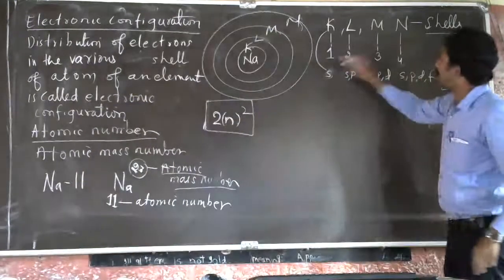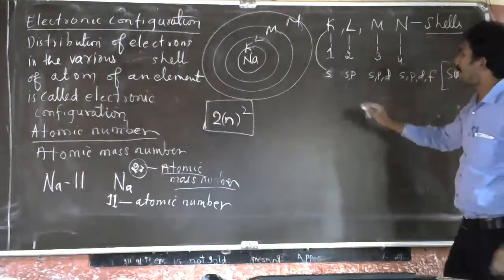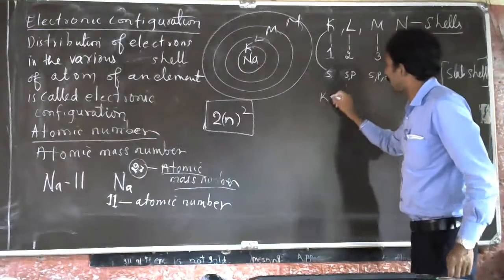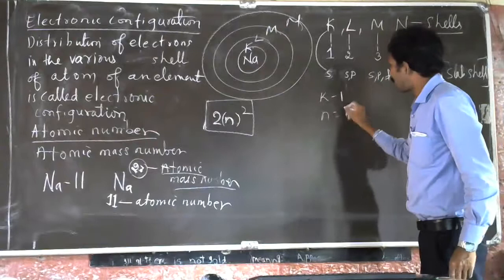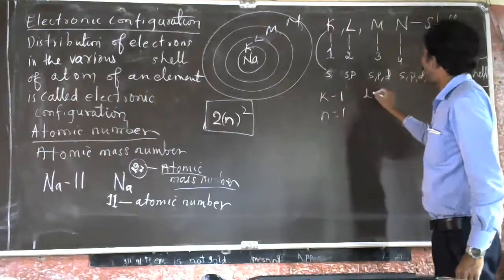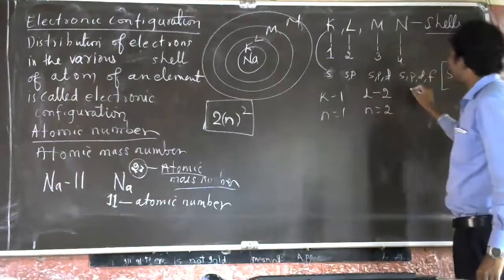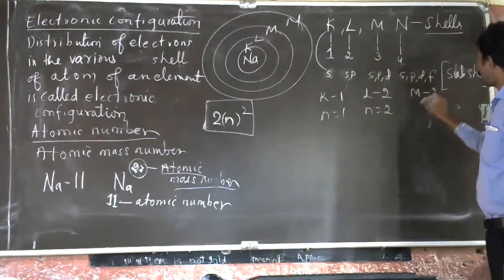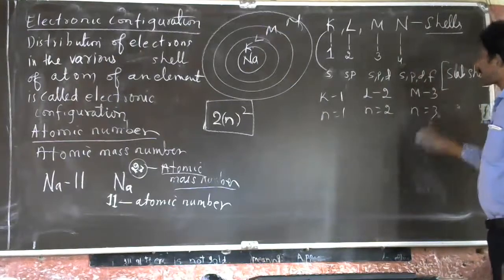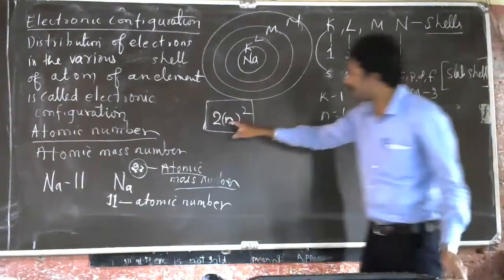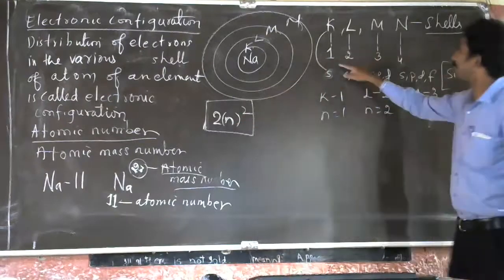The energy level of K is 1, that is n equals 1. The energy level of L is 2, that is n equals 2. Similarly, M is 3, n equals 3. This n is nothing but the energy level.